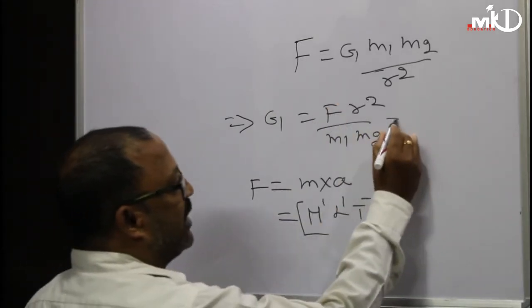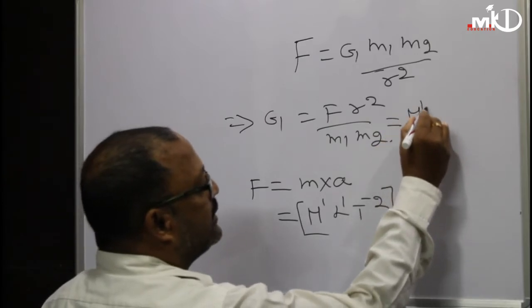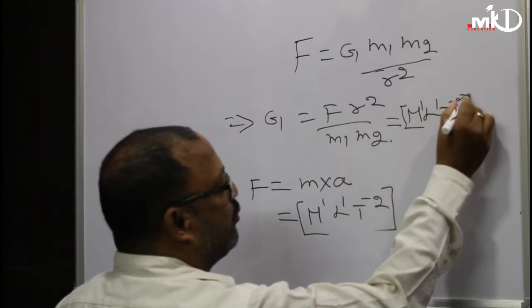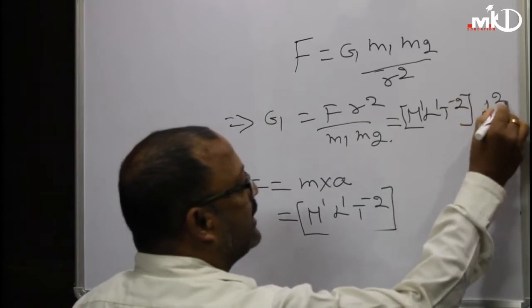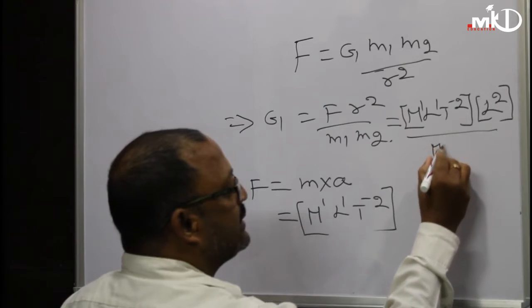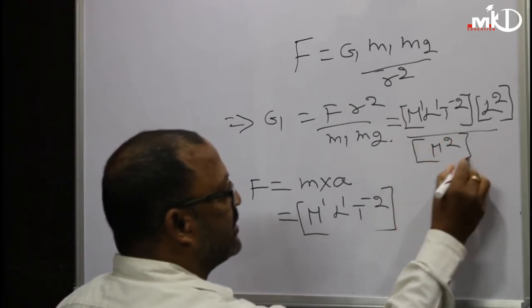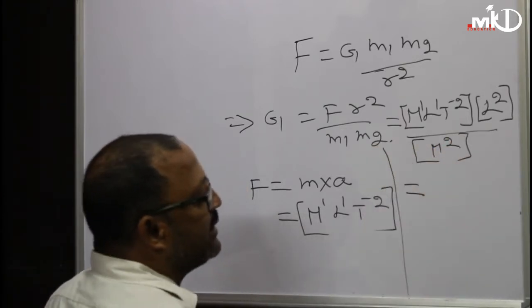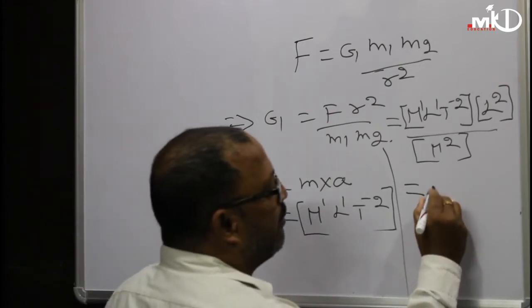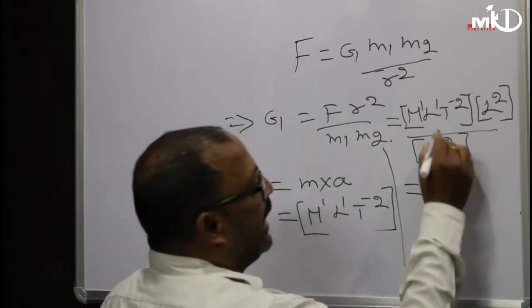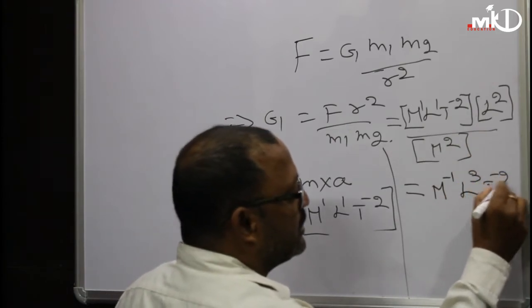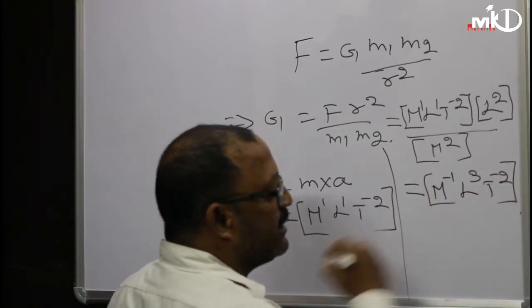I am substituting the dimension of force, then L square for the radius square, and then M square. After simplification, the dimension of the gravitational constant becomes M to the power minus 1, L to the power 3, and T to the power minus 2. This is the dimension of the gravitational constant.